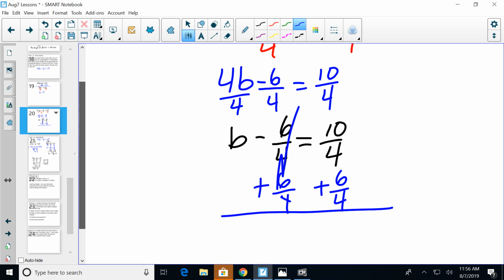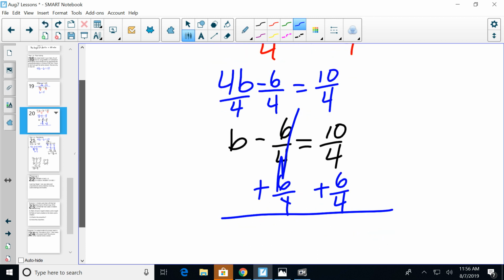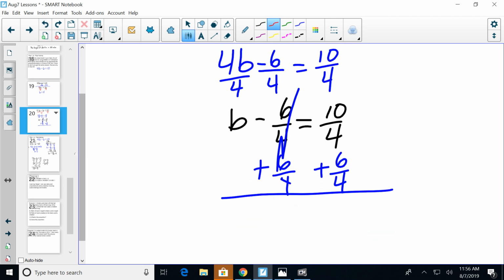So B equals 16 over 4, which equals 4. Did we get the same answer? Yes. Does that make sense now?